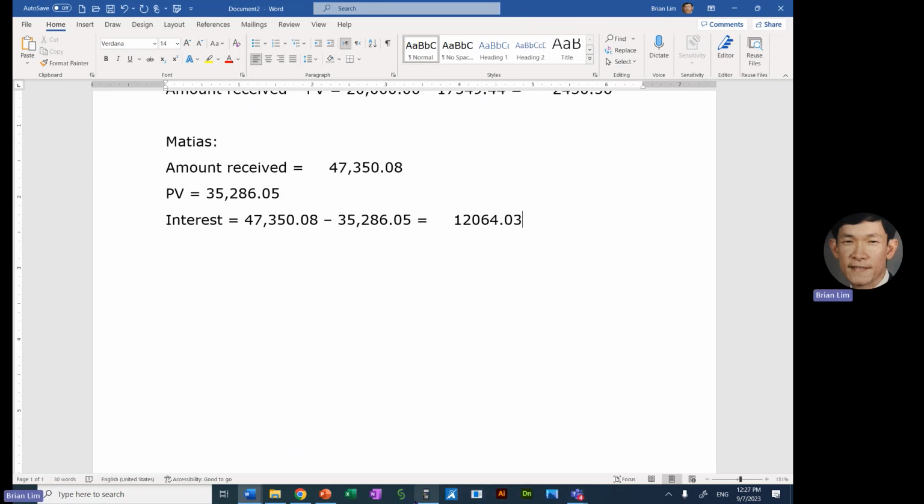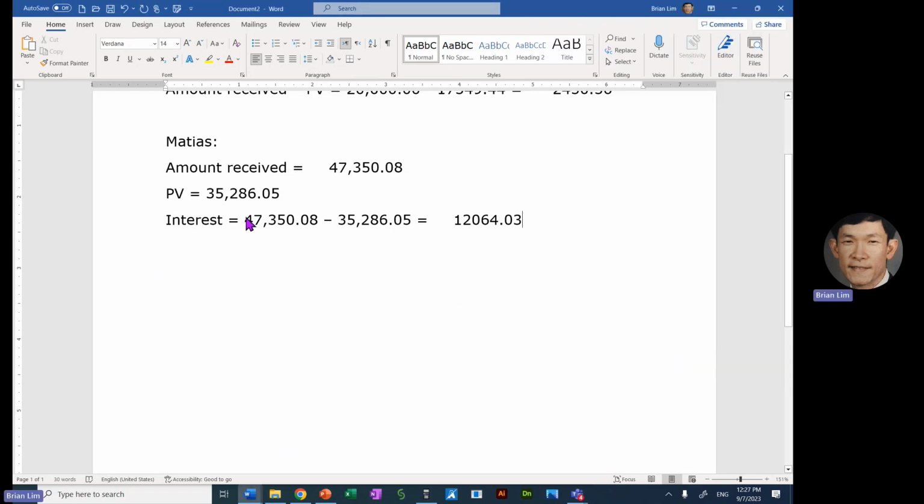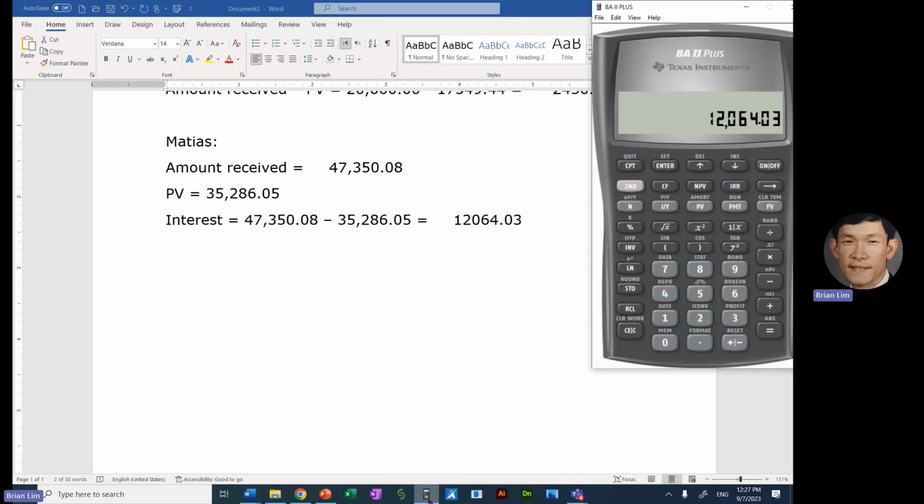Now, on the other hand, if you didn't like what I just did, you could actually enter these values as they stand right here, which I will proceed to do. I will enter 47350.08, and then I will subtract 35286.05, and I will get an answer.